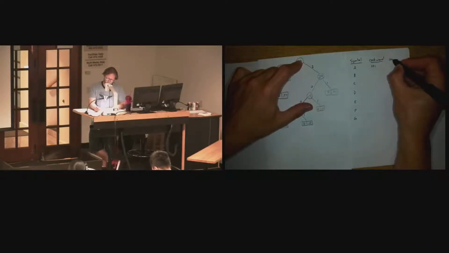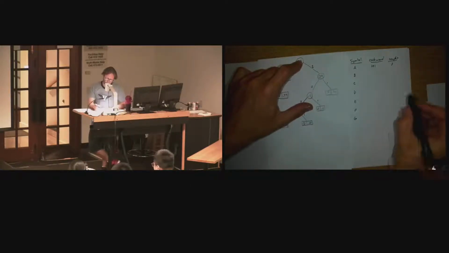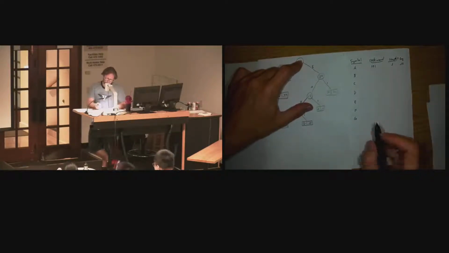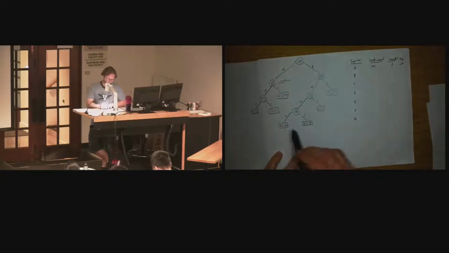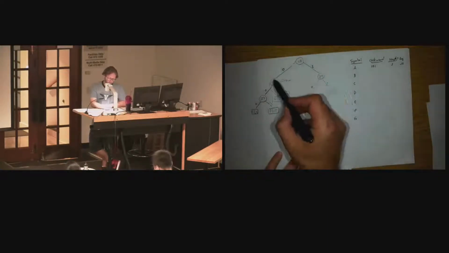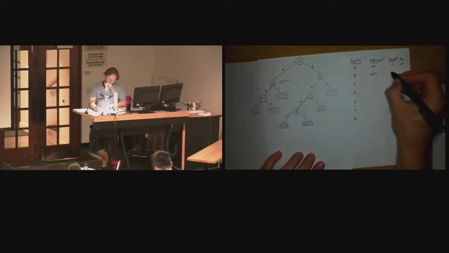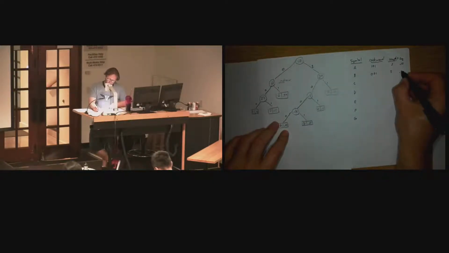The length, well, the length is 3. Okay? And let me go ahead and repeat the frequencies over here. The frequency of this one was 0.10. What about B? Where's B? Right there. So 0, 0, 1. Its code word length is 3. Its frequency was 15.